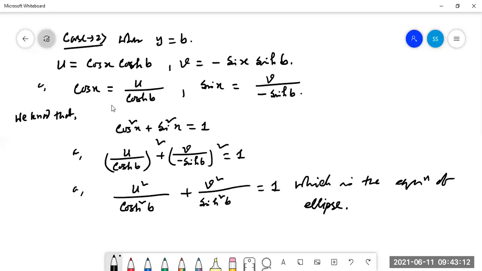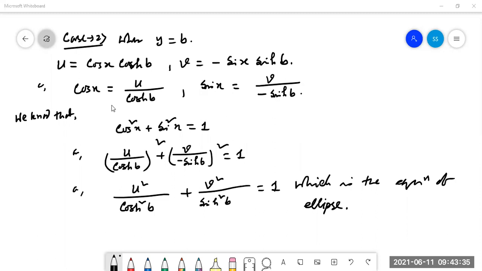One was parallel to the y-axis, and after transformation it gave a hyperbola. The other, parallel to the x-axis, y equal to b, gives an ellipse in the w plane.